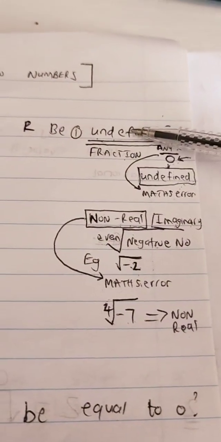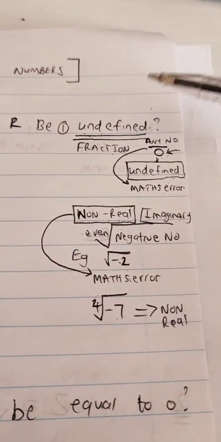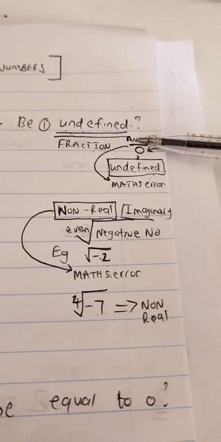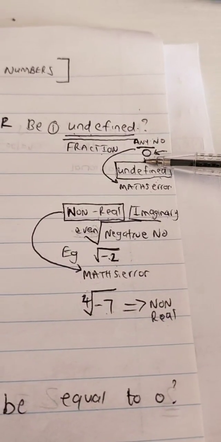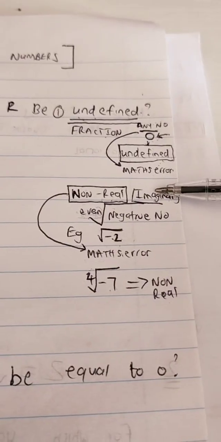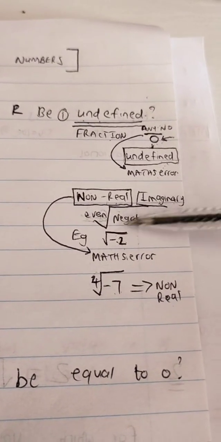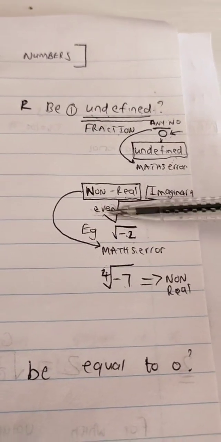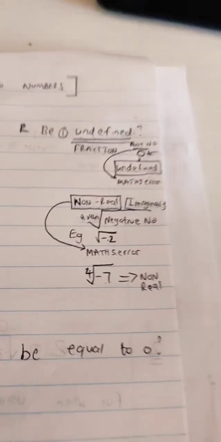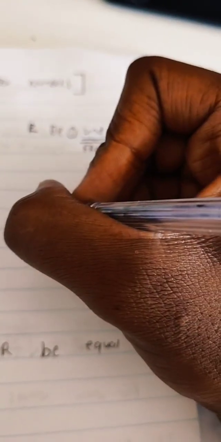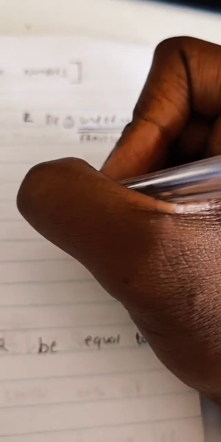Okay, so please let us not confuse these two concepts. Undefined means division by 0. Non-real or imaginary means whenever you have a negative number within an even root. And guys, even means 2, 4, 6, 8.